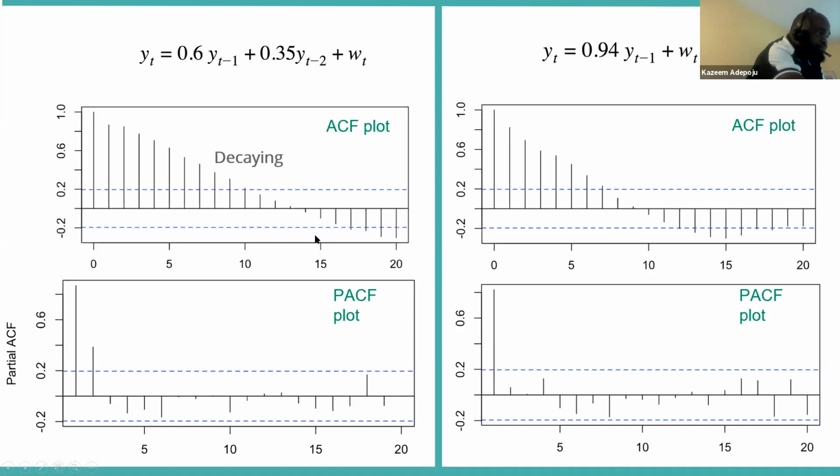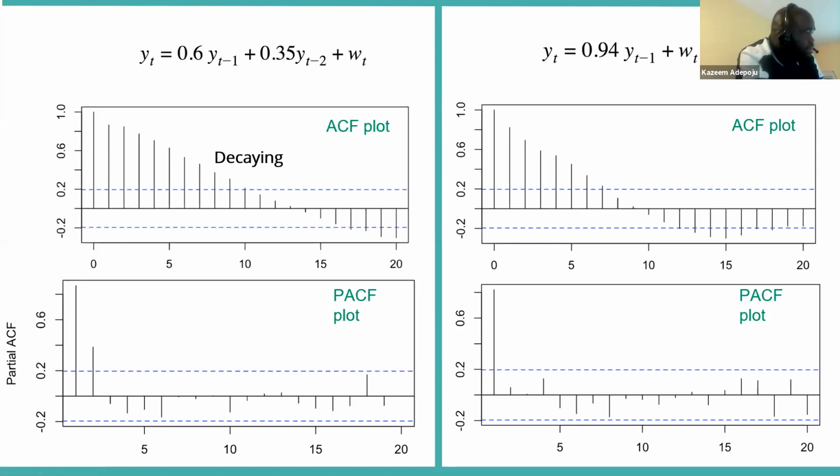Now, there's another thing I want to talk about. In the ACF plot, you're going to see that the autocorrelation is decreasing on the positive side, and on the negative side too. Then we say it's decaying, going down to 0.